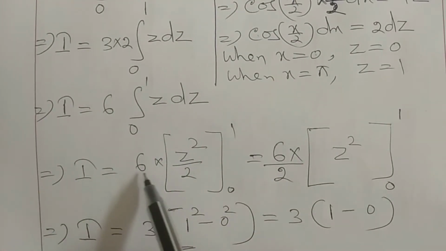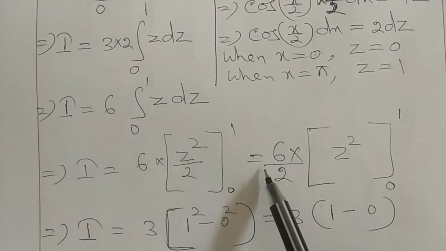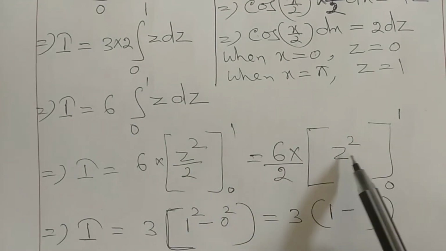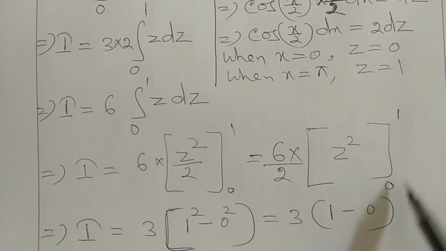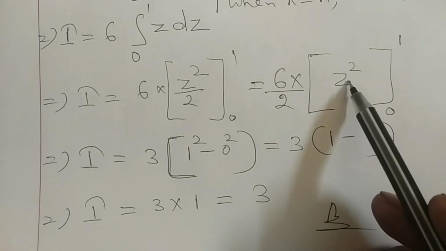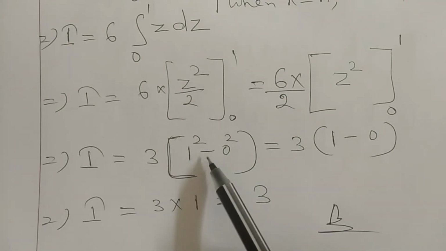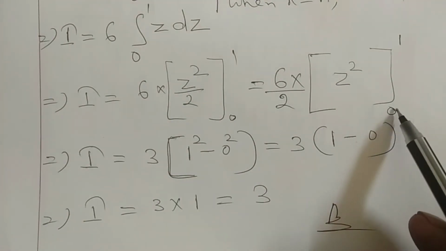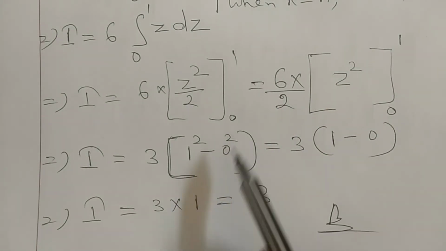So I is equal to 6 times z square by 2, range from 0 to 1, and that is equal to 6 by 2 times z square, range from 0 to 1. Here the upper limit is 1 and the lower limit is 0. So putting the upper limit 1 on z, that is 1 square, minus, putting the lower limit 0 on z, that is 0 square.